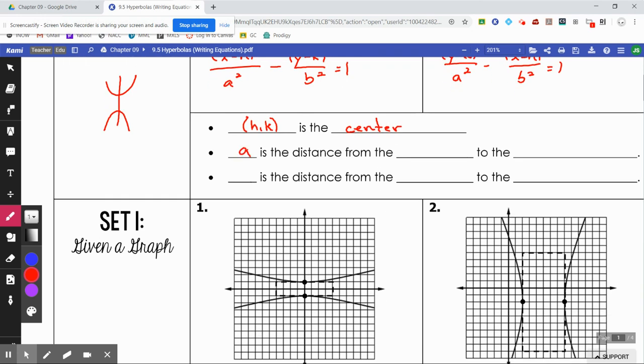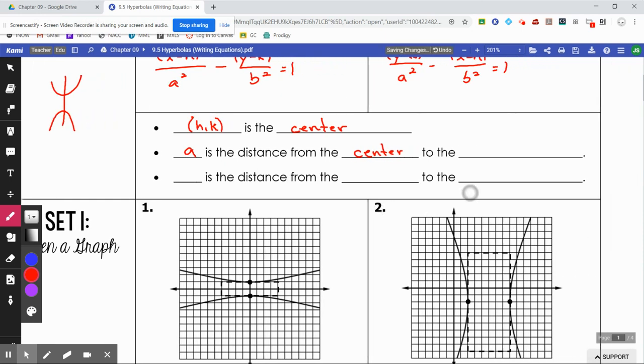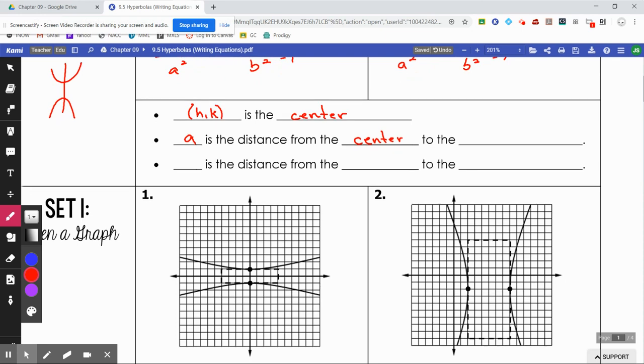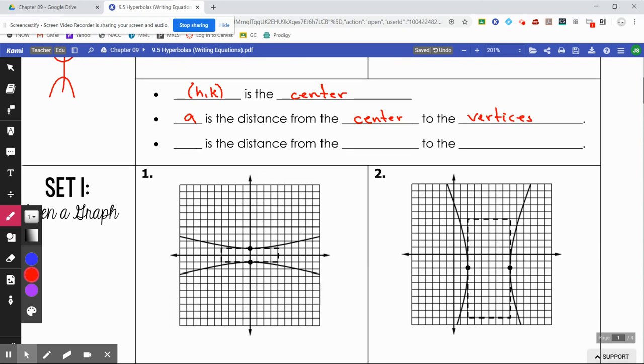A is going to be the distance from the center, just as it is with an ellipse. A is the distance from the center to the vertex or vertices, and that will be a positive a to one, a negative a to the other. And then b is the distance from the center to the co-vertices.